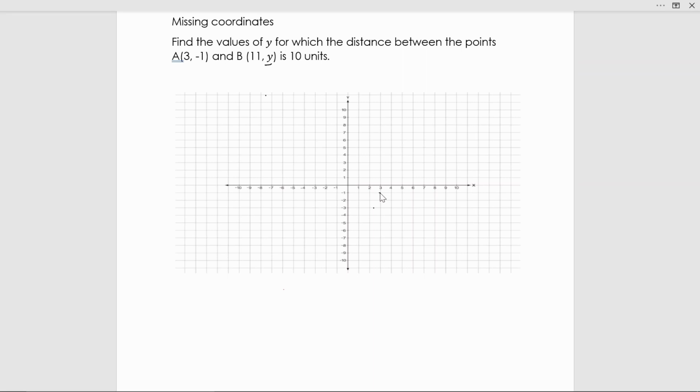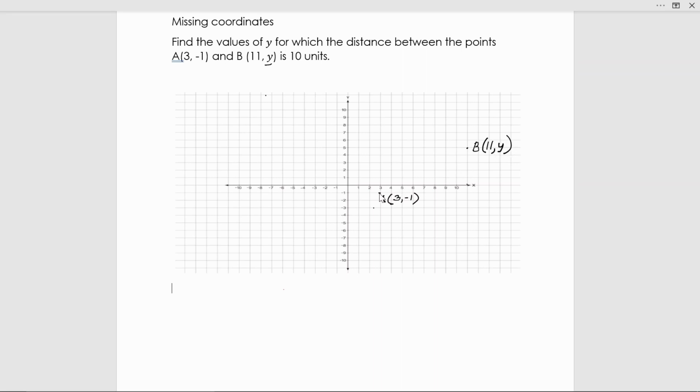This is my point A, with the values 3 and -1. And point B is basically 11 and y, somewhere here, and we don't know the value of y. We need to find it.